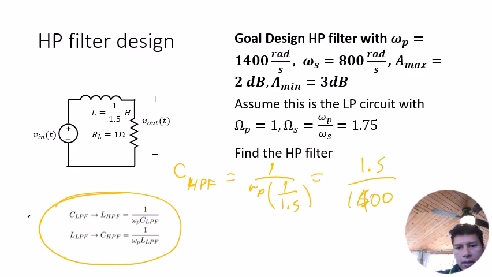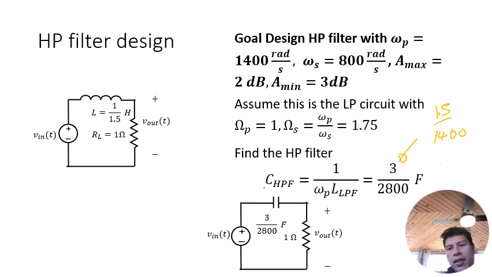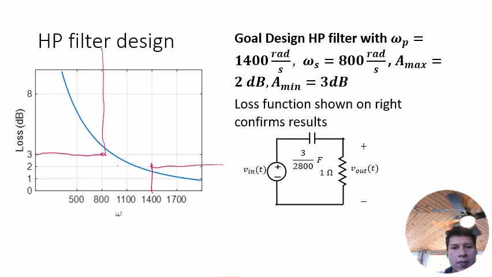And so that gives me some number, and that's the capacitance I need. Well, 1.5 over 1400 is really 3 over 2800. And so this is my high pass filter design. So basically, when you're asked to design a high pass filter, that's all you have to do. That's it. Not much more there.